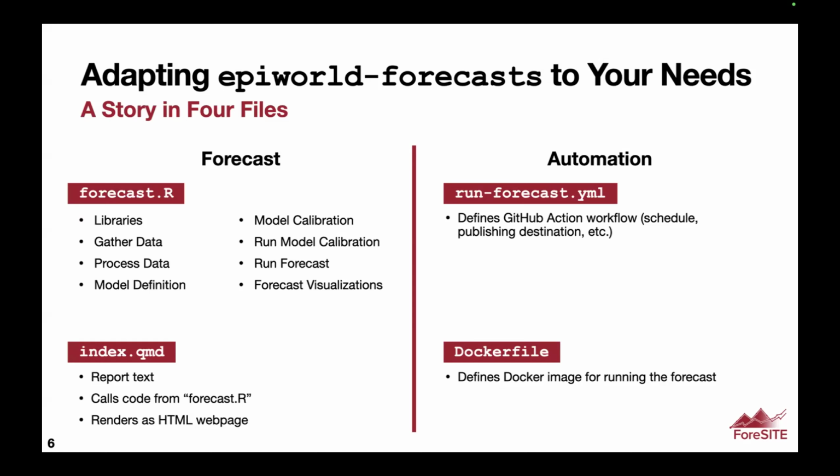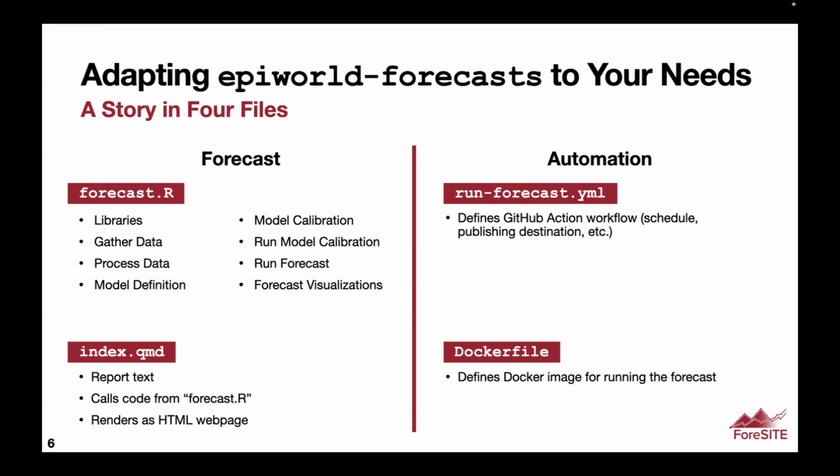It's markdown. What this does is it sources the forecast.R file and runs the forecast, and then it grabs the visualization functions and adds those, along with text and everything else, to produce the web page. And so that separates the two. You have one for actually displaying and rendering your forecast and one for running it. That also allows for development: you can run the R file separately as an R function and test it more quickly than rendering a whole website.